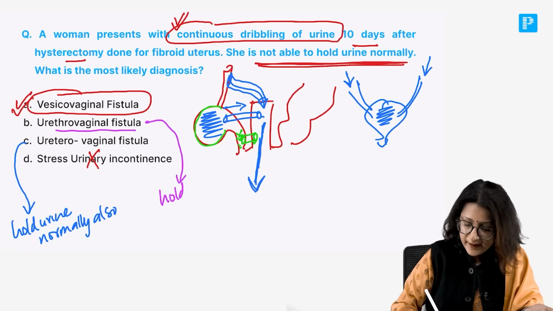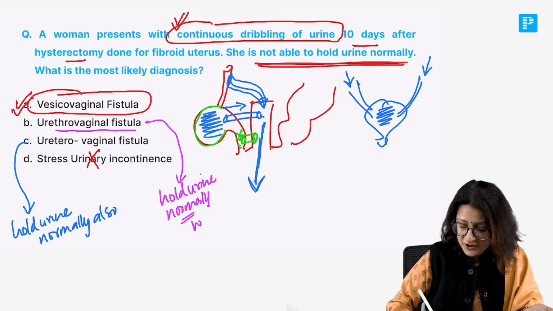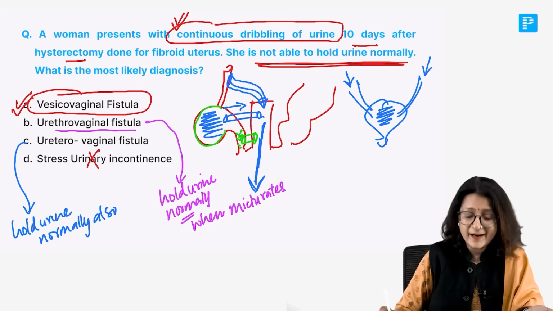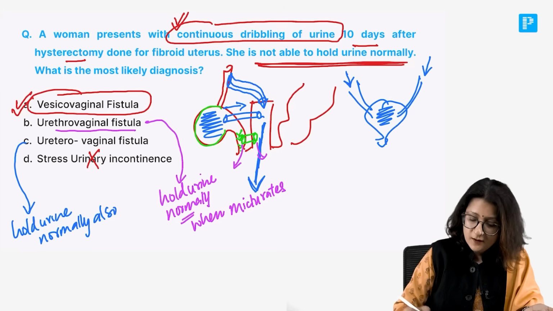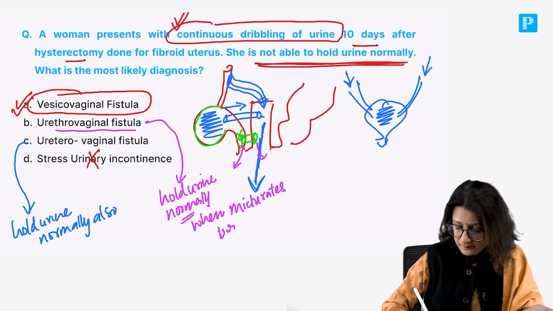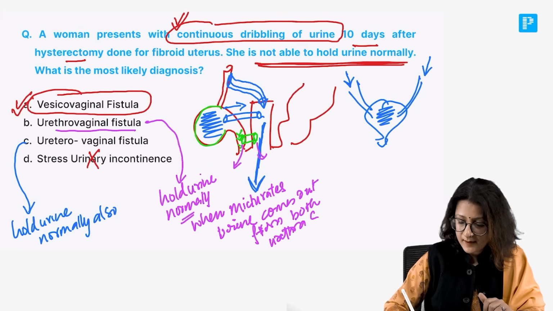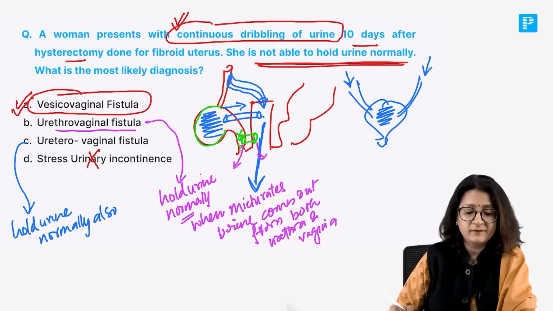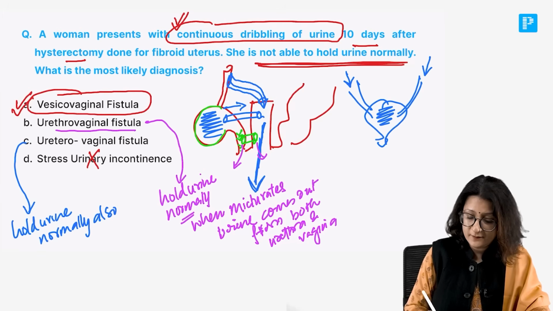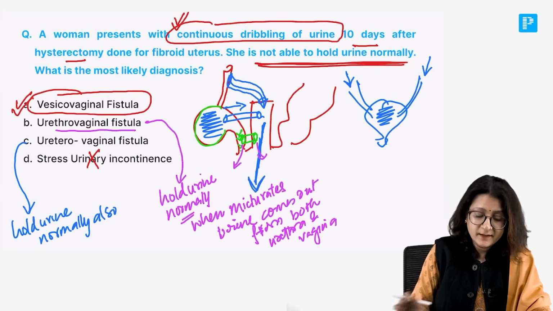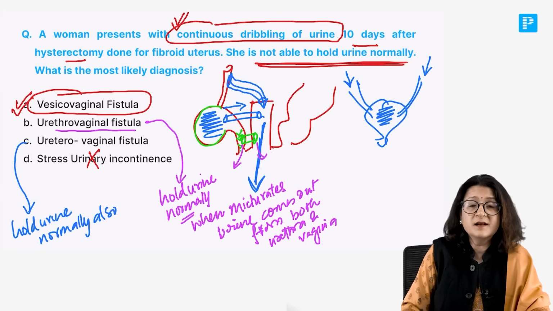But when she micturates, when she urinates, then urine will come out from both the urethra and the vagina, right? So the answer here is VVF, vesicovaginal fistula.